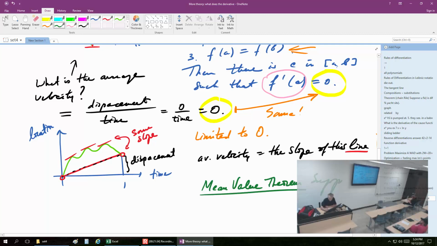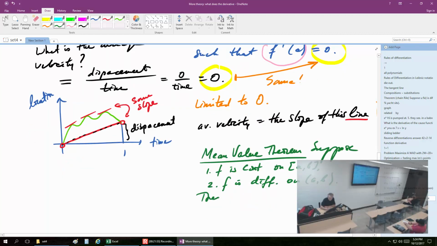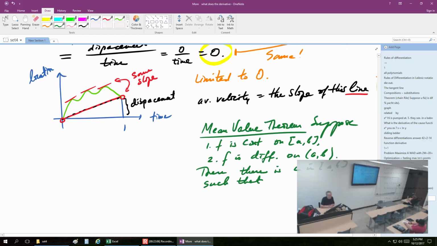So once again, the assumptions are almost the same, but this time there are only 2. So f is continuous on [a, b] and differentiable inside of it, on the open interval (a, b). Then there is a c, that part is the same, in (a, b) such that... at this point we have to be specific about the language.